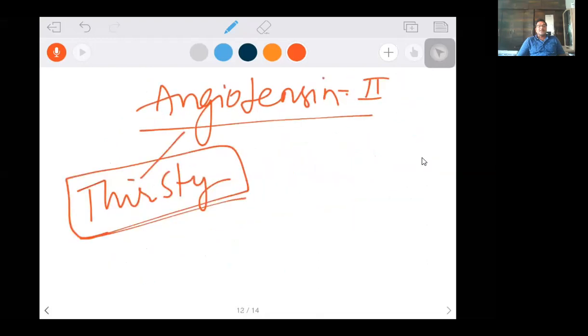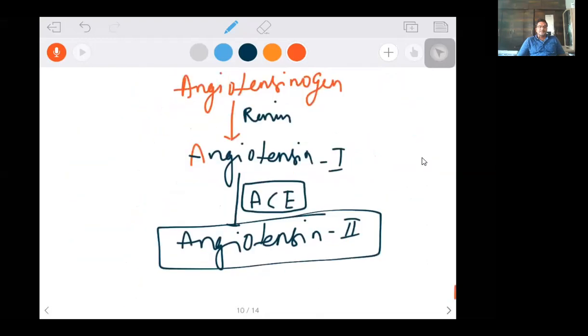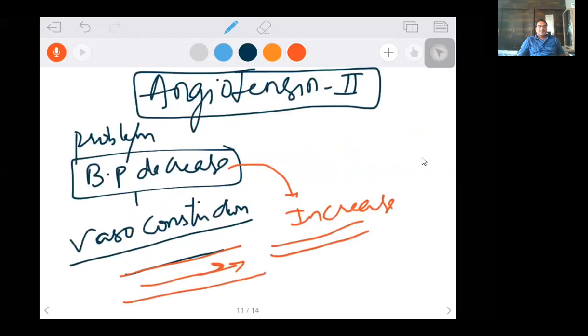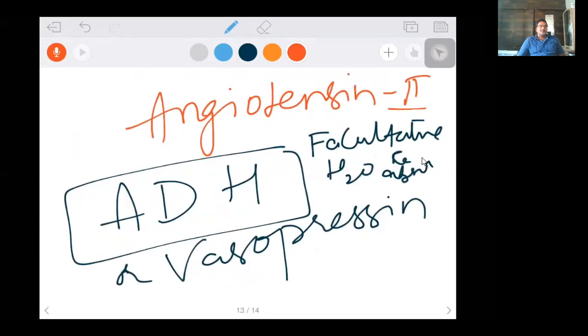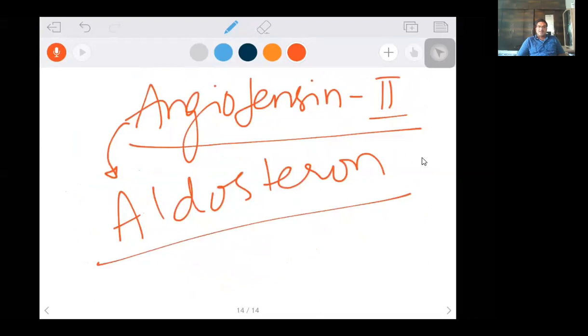So let's see the functions of angiotensin II. The problem is blood pressure decrease. That is solved in the form of vasoconstriction. The blood vessel gets reduced in size, that increases the pressure. Meanwhile, it creates the thirsty situation to drink water, and it promotes the secretion of ADH or vasopressin for facultative water reabsorption in the distal convoluted tubule and initial collecting duct, and it promotes the secretion of hormone aldosterone.